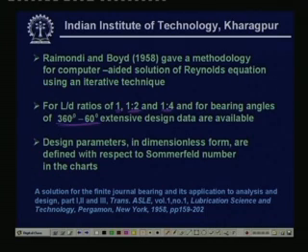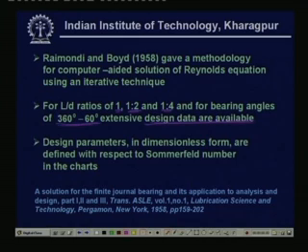That is the full bearing coming down to the 60-degree bearing. So, for all these parameters, L by D ratio and bearing angles, what is normally called beta angles, extensive design data are available.